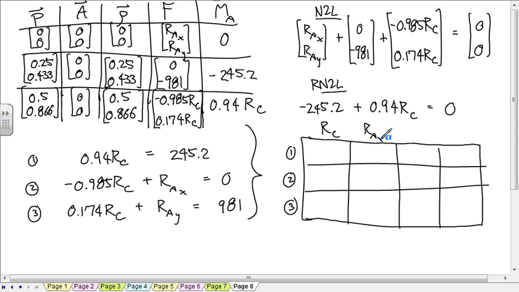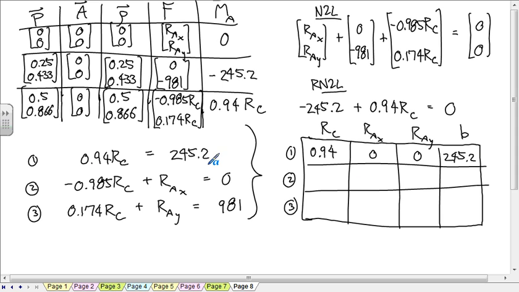This is RAX. This is RAY. This one represents the constants that we've separated to the other side of the equation, so I'll call that B. Then what we have here is 0.94, 0, 0, 245.2.